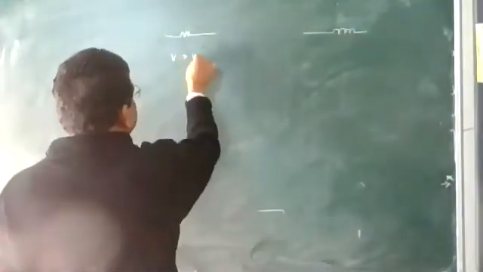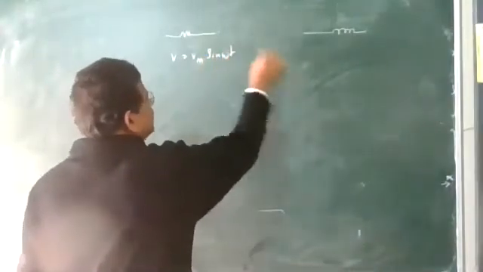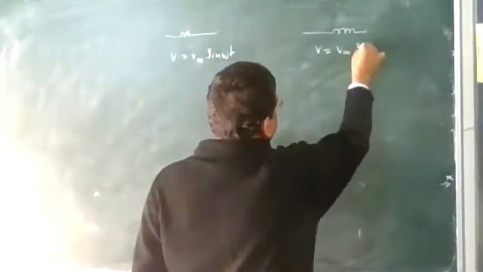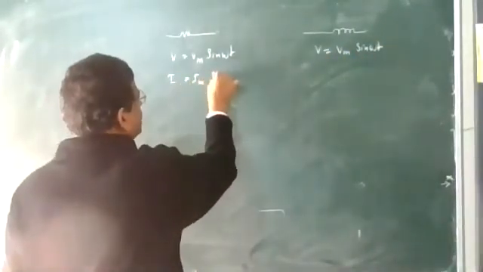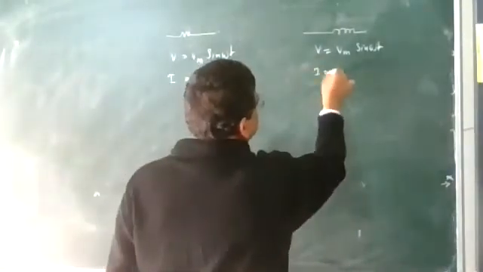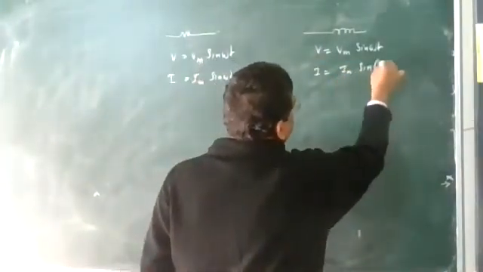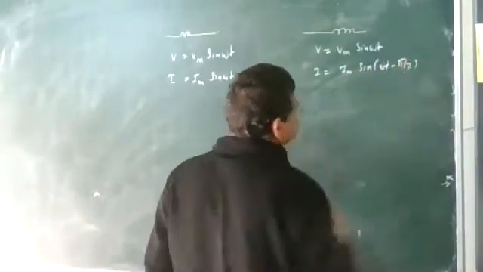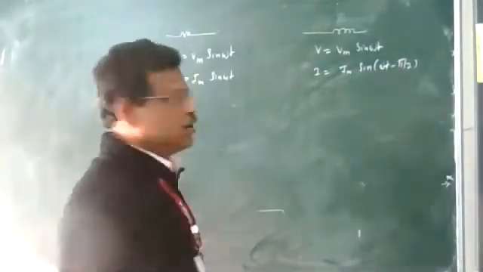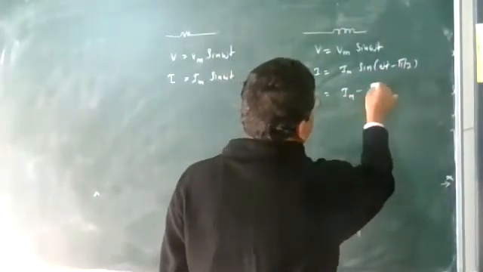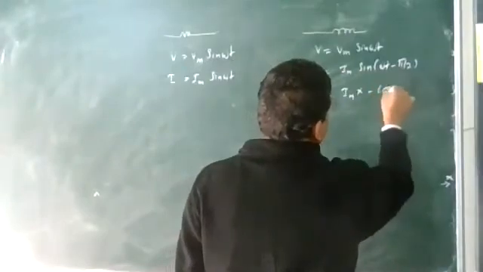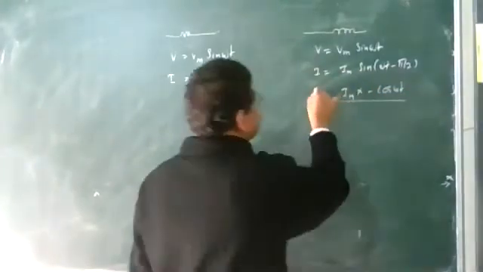Resistor and inductor. V equal to Vm sin omega t, the same voltage value we have. Here the current is I equal to Im sin omega t. And here the current I is equal to Im sin(omega t minus pi by 2), which we can again change to cos: I equals Im into minus cos omega t, for our convenience.